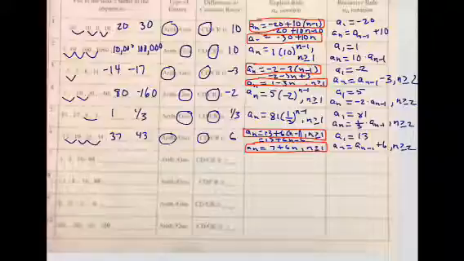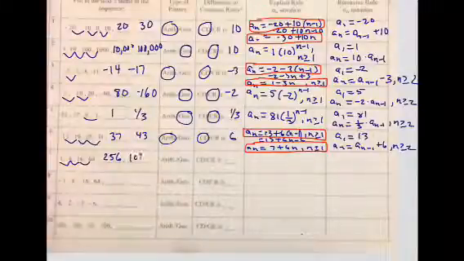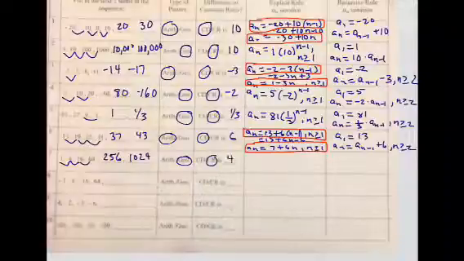The next one, number 7, you're multiplying here by 4, by 4, by 4. So this is 256, and then that times 4 is 1024. So it's geometric with a common ratio of 4.